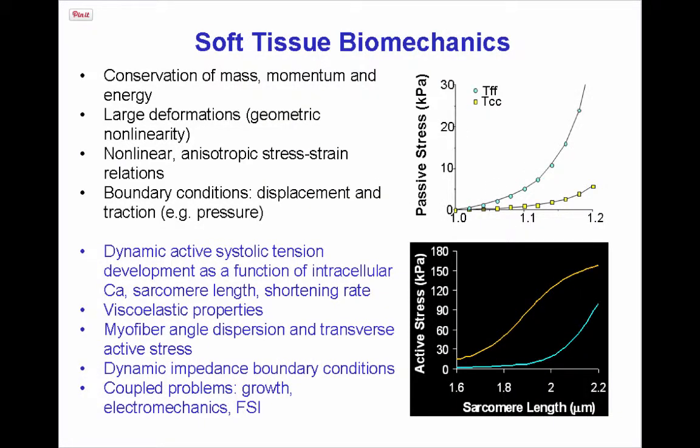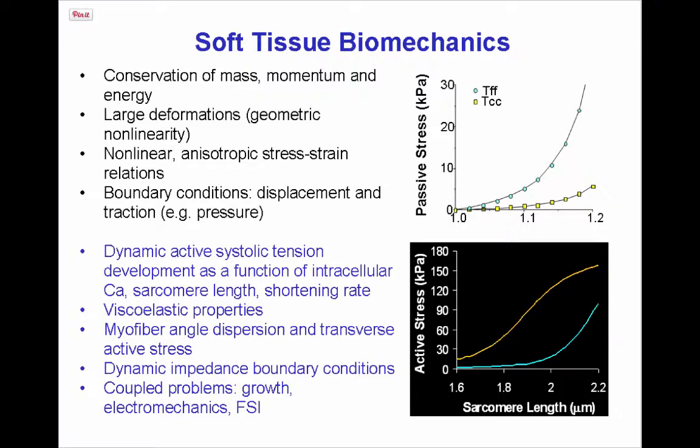The biomechanics module of Continuity uses a Newton iterative method to solve the continuum equations of motion for nonlinear, anisotropic, large deformation elasticity problems subject to traction and/or displacement boundary conditions. Various other special features of biomechanics problems, notably viscoelasticity, dynamic active force generation, and boundary conditions generated by circulatory models, can be included too.